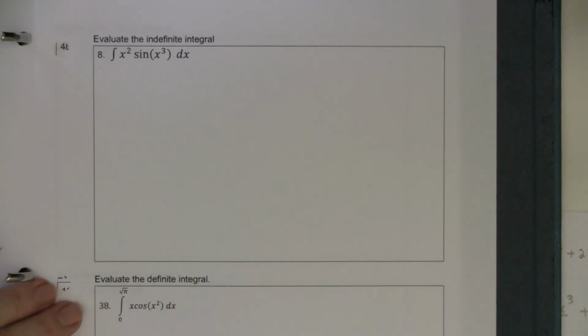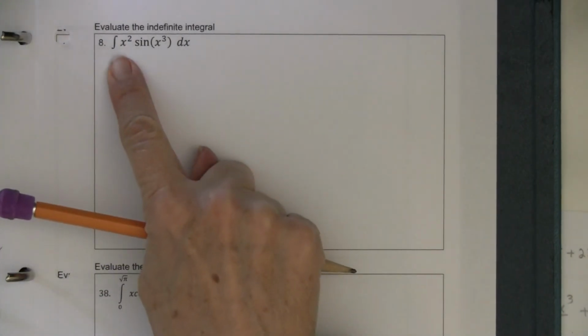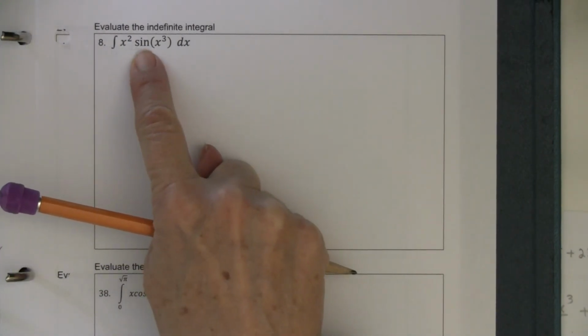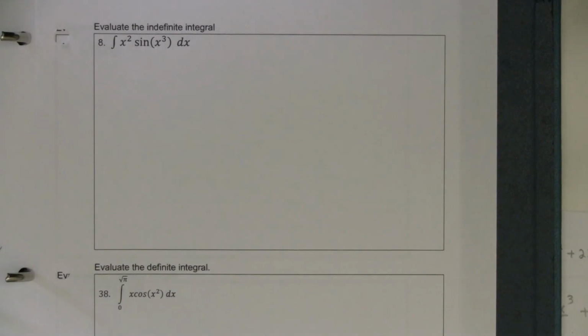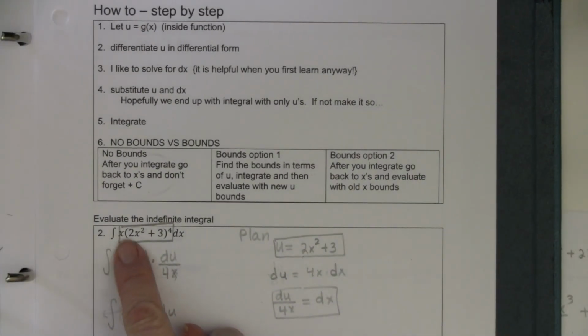Okay, so we're going to try this problem here. This is number 8 out of your textbook, and I can't find the antiderivative of this because it's a product. Whenever you have a product that you cannot multiply together, that's what we had here too, and I think I didn't say that. X times this is a product that I would not want to multiply together.